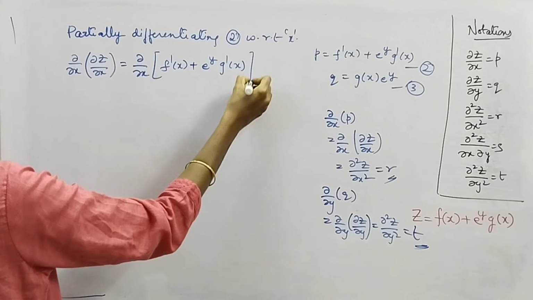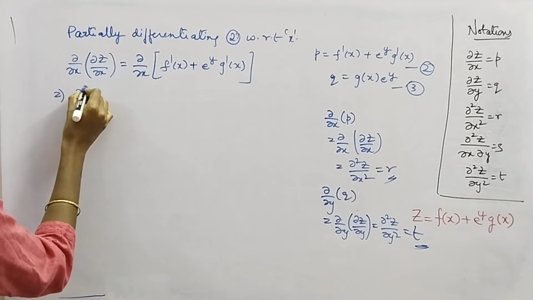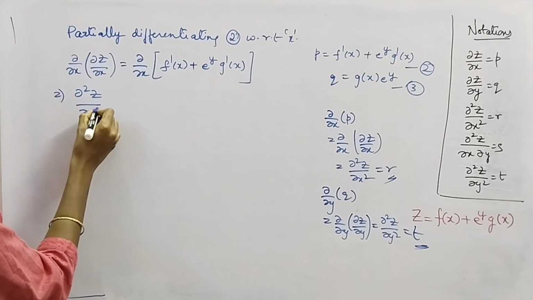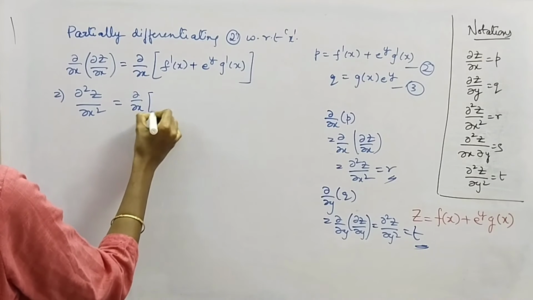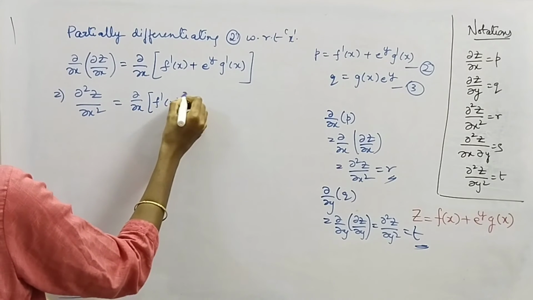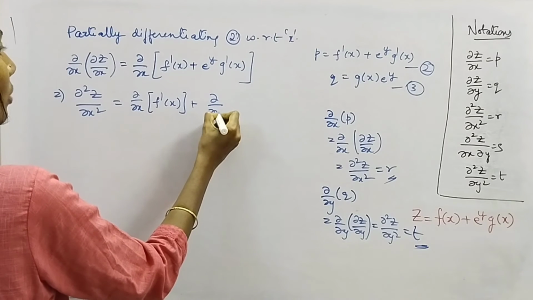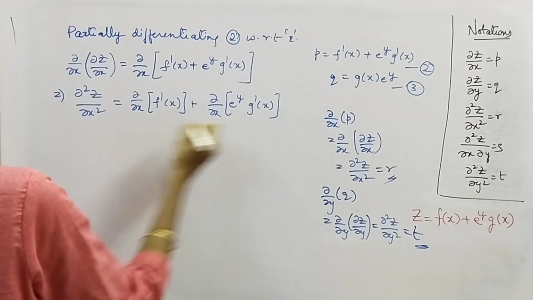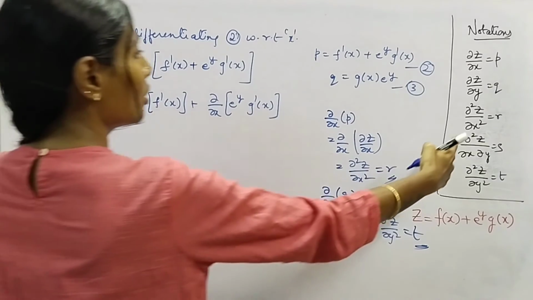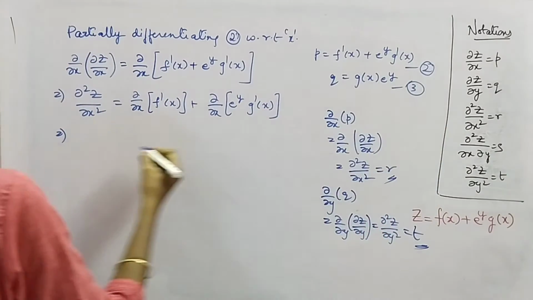of x, which gives us dou square z by dou x square equal to dou by dou x of f dash of x plus dou by dou x of e power y into g dash of x. We have a notation dou square z by dou x square, which is r.